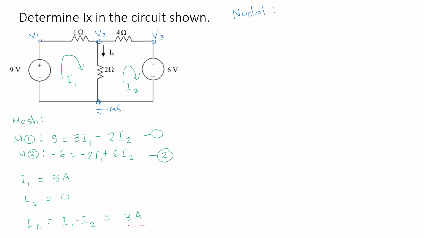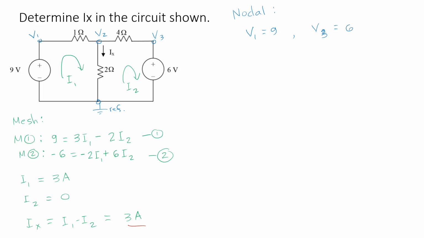Take note that between nodes 1 and the reference and nodes 3 and the reference, you have voltage sources. Therefore, we can write V1 to be 9 and V3, that's the voltage at node 3, to be 6.